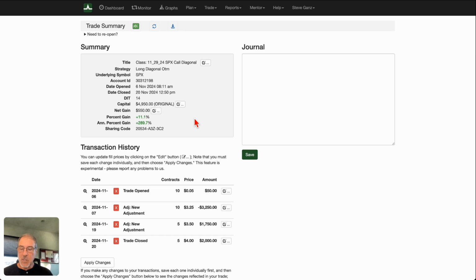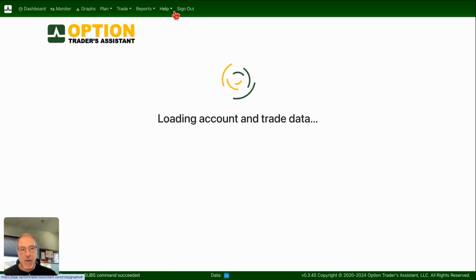So rather than just blindly following an adjustment that says when delta gets above this, I'm going to do this, be aware of your surroundings. Take a look at what the market looks like before you blindly make that adjustment. I thought that was a really good takeaway on this particular trade, and I wanted to share a little more thought on that.